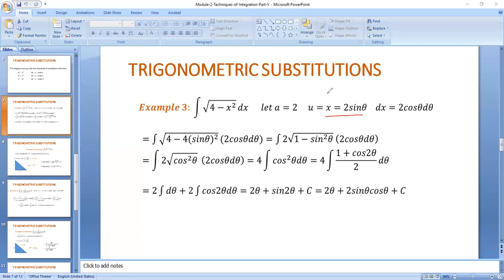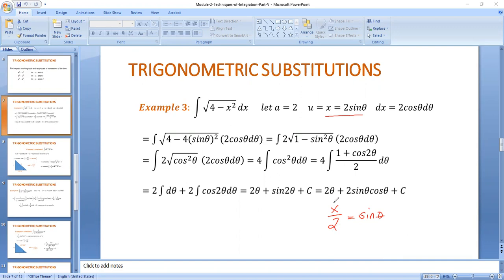What will I get from the substitution equation? From that, I'll be able to get that x divided by 2 is equal to the sine of theta, and place the 2 below. So x divided by 2 is equal to the sine theta. How am I going to use this? Remember in your high school that the sine of theta is equal to the length of the opposite side of the angle theta divided by the length of the hypotenuse.